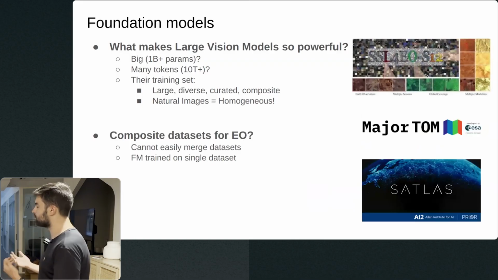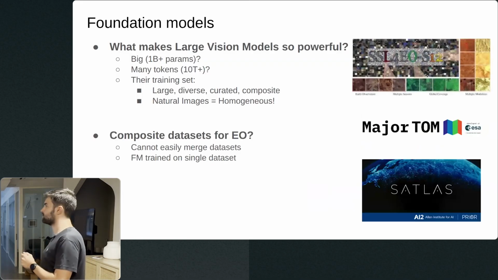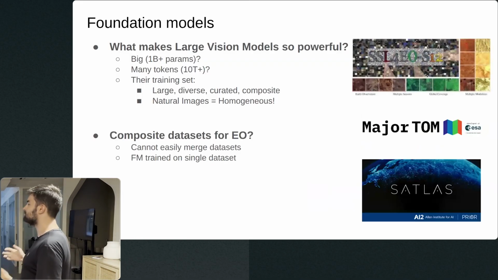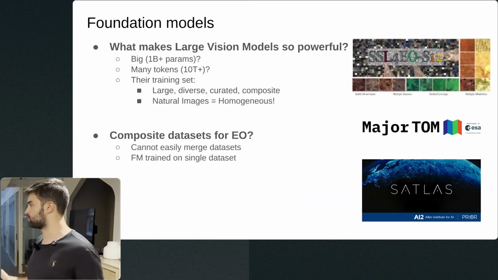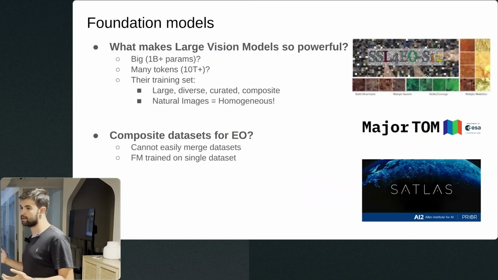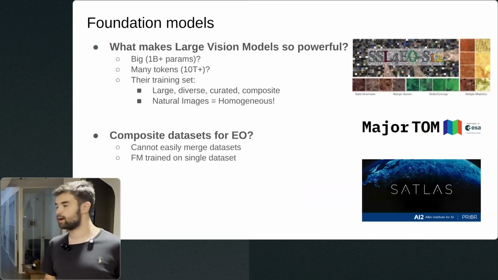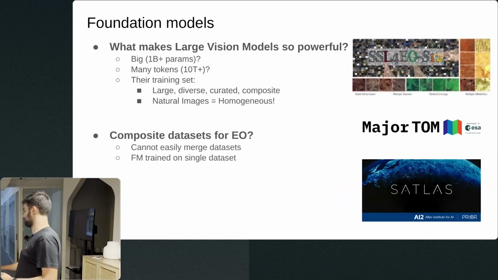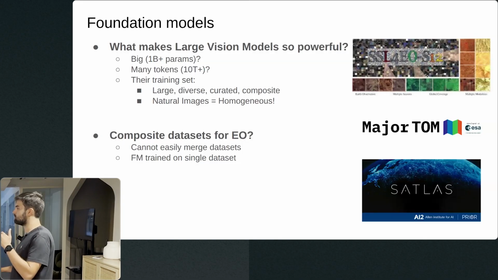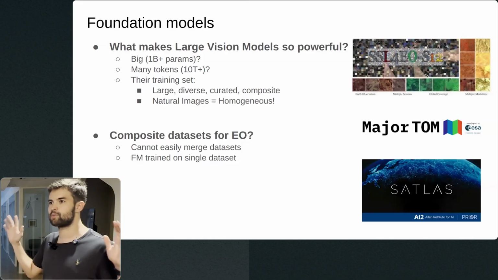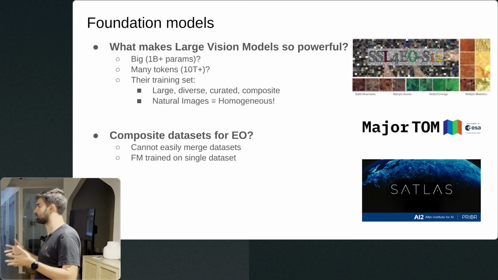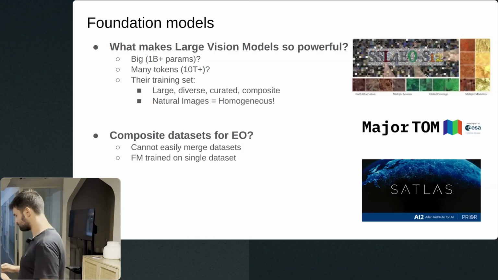But when you are thinking about Earth observation, it's much harder to merge data sets because it comes from different input sources, different satellites that have seen different processing. And so usually foundation models are just trained on a single data set and are specialized to a specific sensor.